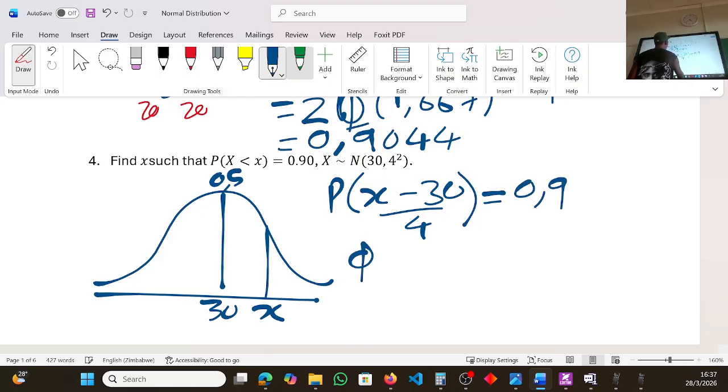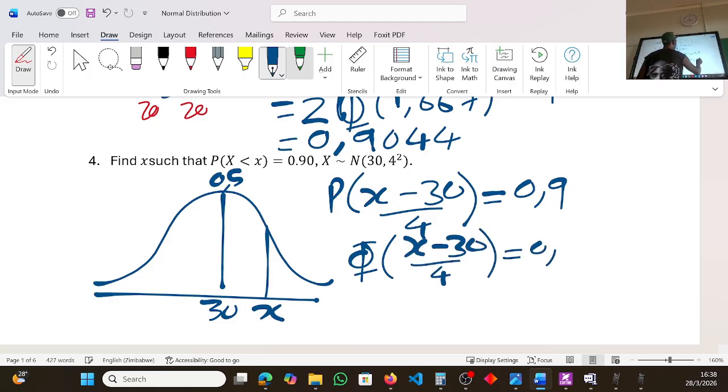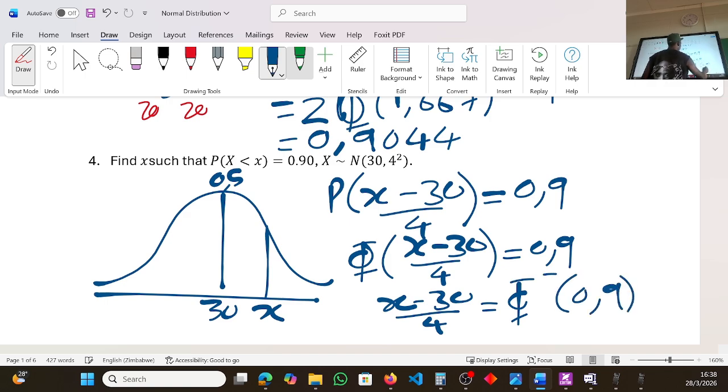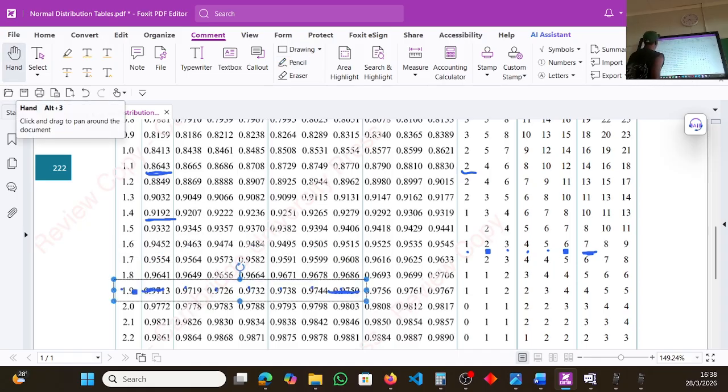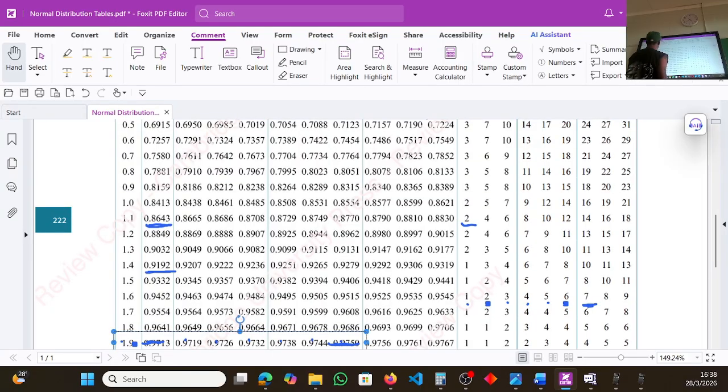But when we bring in the phi, phi of x minus 30 over 4 is equal to 0.9. Then we go the inverse to say x minus 30 over 4 is equal to inverse phi of 0.9. So what do we do with inverse phi? We're going to go to the tables and try and check where we get a probability of 0.9.